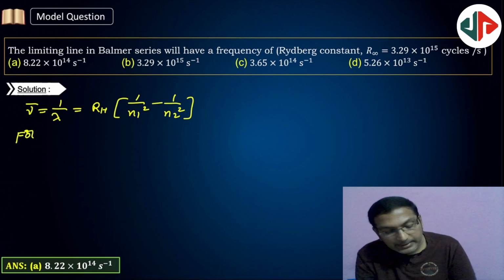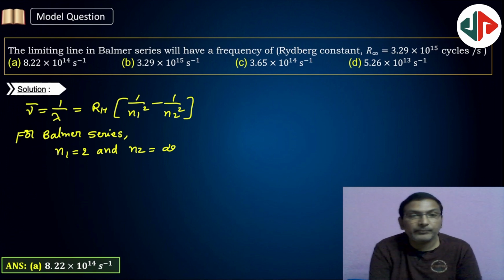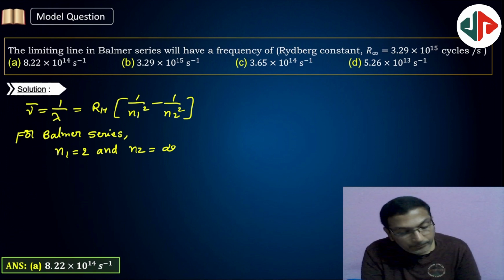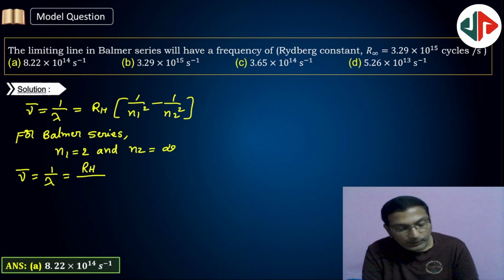So for Balmer series, n1 equal to 2, and for the limiting line n2 is infinity. So therefore the expression becomes mu bar equal to 1 by lambda equal to RH by n1 square, 2 square, which is 4.